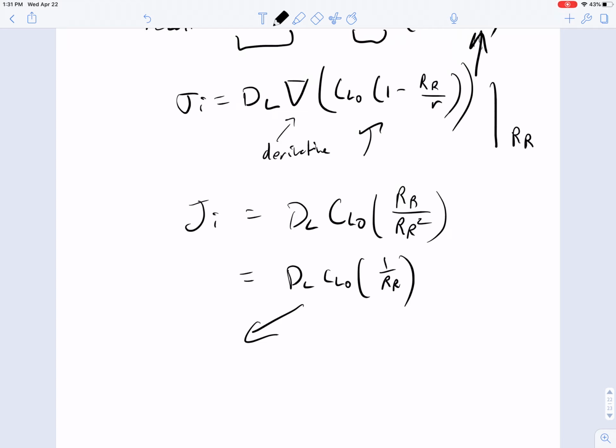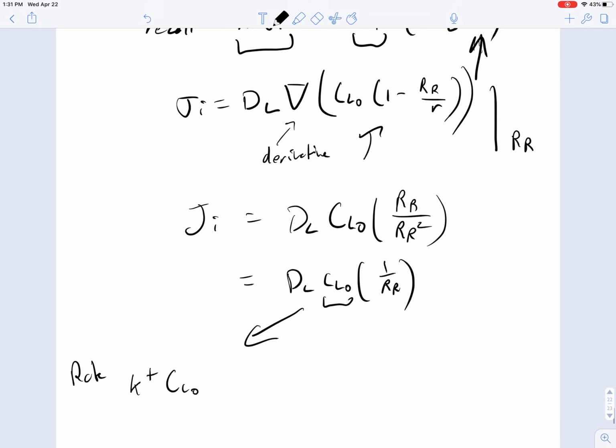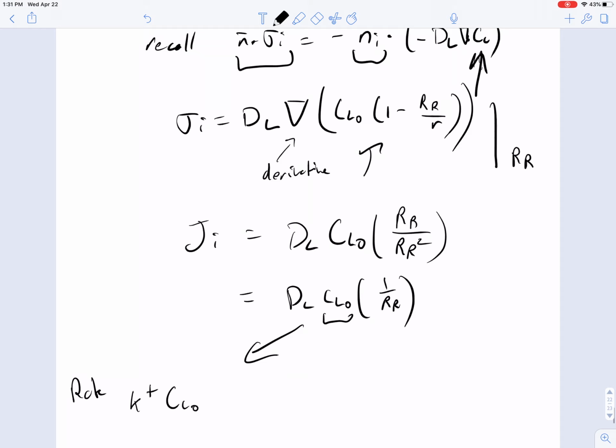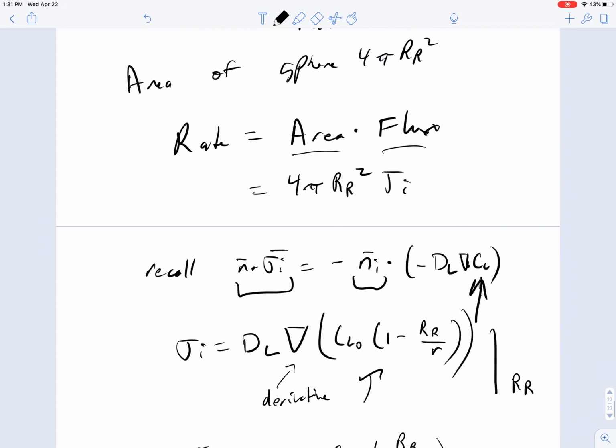Before we had the rate was k plus times CL0. Well, we have CL0, so the overall rate is going to be this. The CL0s will cancel out, but we have to recall that the overall rate is the area times the flux.